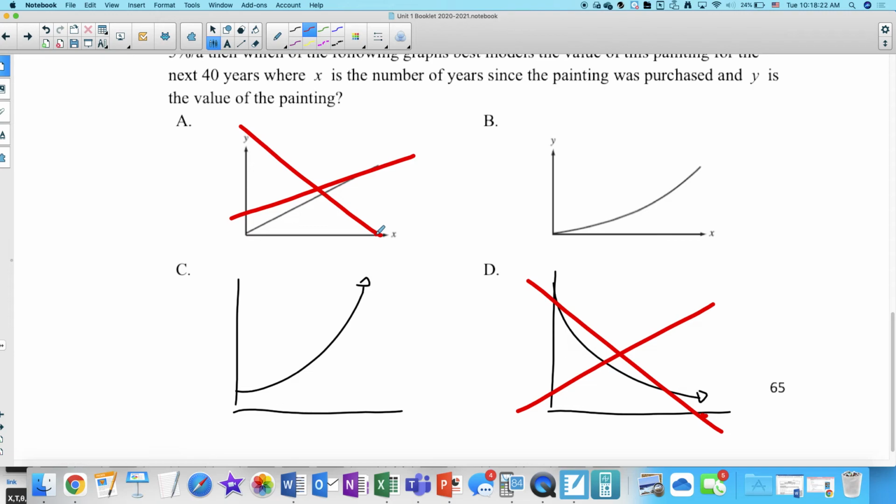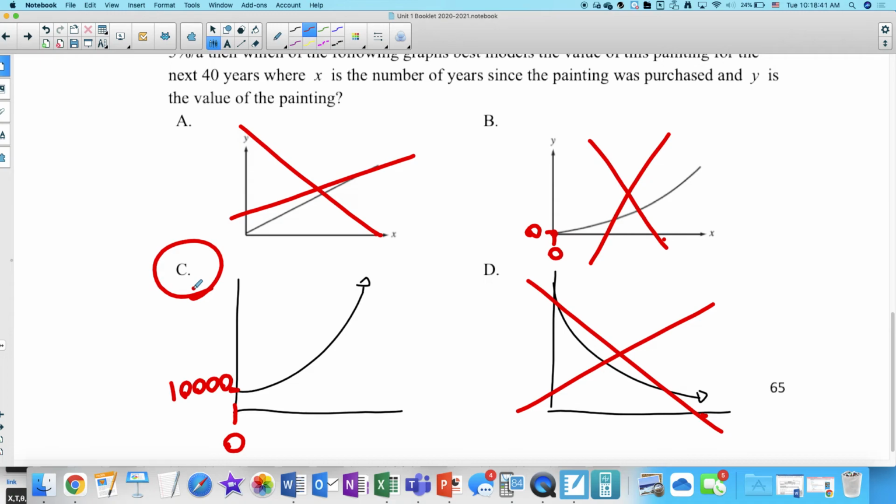Here, time is 0, this is 10,000. In this case, when time is 0, the value is 0. So this is out as well. So it's got to be that one. Okay?